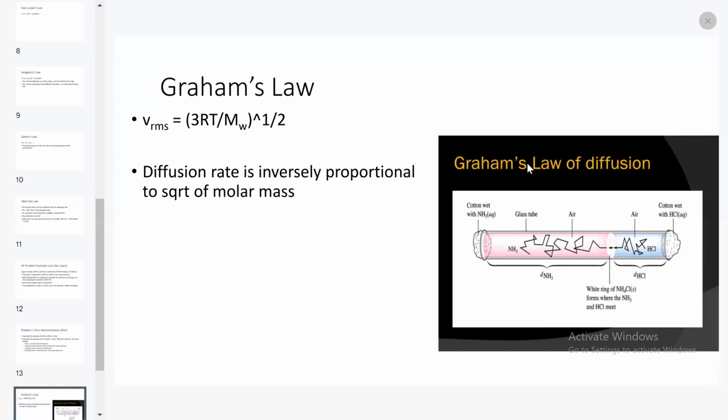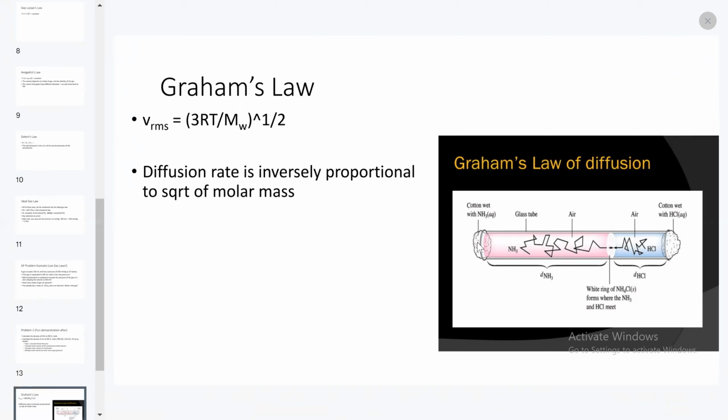Here's one example demonstration of this. We have a tube, and at both ends we put a piece of cotton soaked with ammonia and a piece soaked with HCl. HCl has a high molar mass, but ammonia has a lower molar mass. So the ammonia will travel faster and diffuse faster.